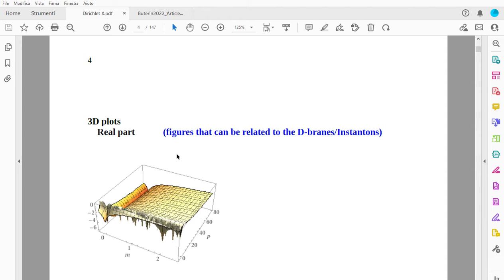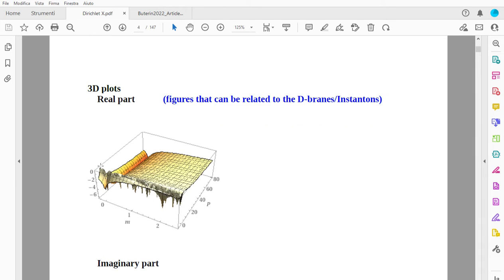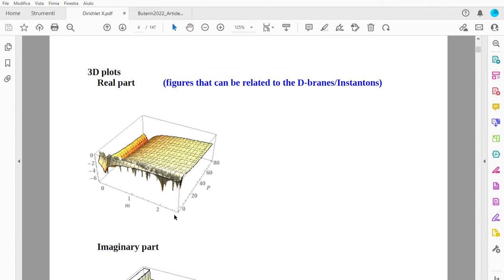Yes, we hypothesize that the three-dimensional plots of these expressions that we analyzed represent a possible figure that can be related to the Brandt's instantons. This is the real part, the first plot.